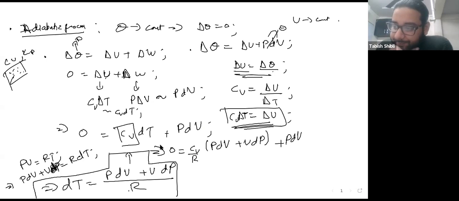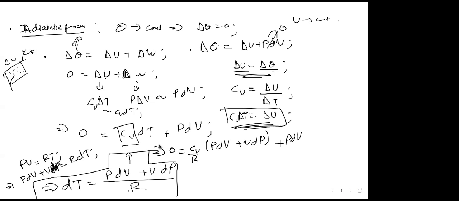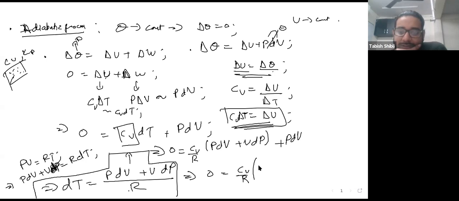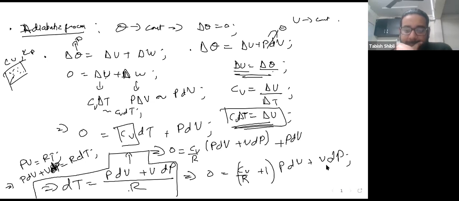Say something. Integrating? You will integrate, but first simplify what is written a little more. Bring the dV and dV together. That is one way to simplify it, right? What do you have? You have Cv by R multiplied by, plus, okay, give me an eraser. You have plus 1 times P dV plus V dP, correct? Yes, no, maybe. Say something.